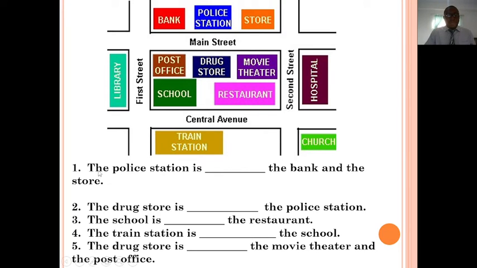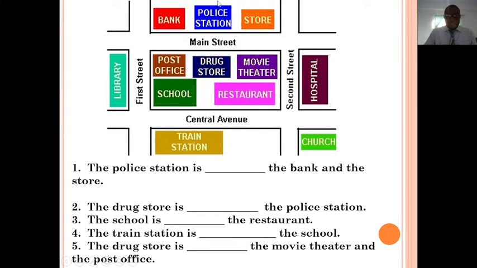For example, question number 1. The police station is blank the bank and the store. So which is the correct preposition that we have to use?